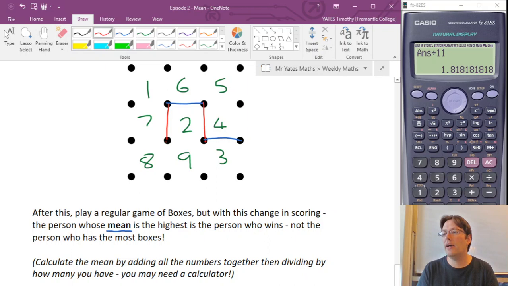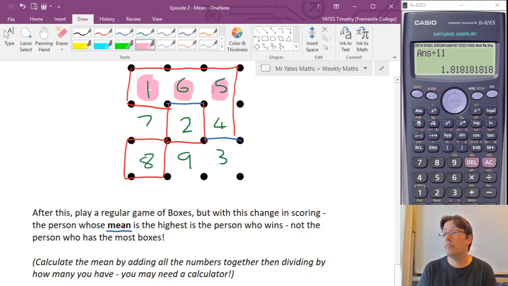So if we ended up with, let's just do this as a little example. Let's say that the red player ends up with these numbers over here, and the blue player ends up with these numbers here. We would calculate their final score by adding all of these up.